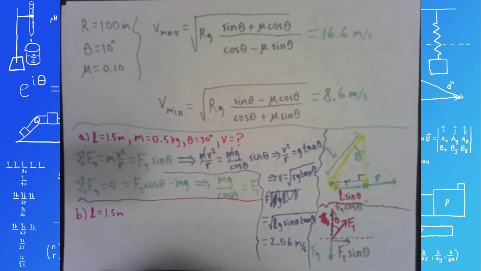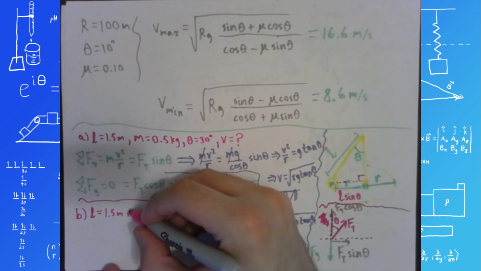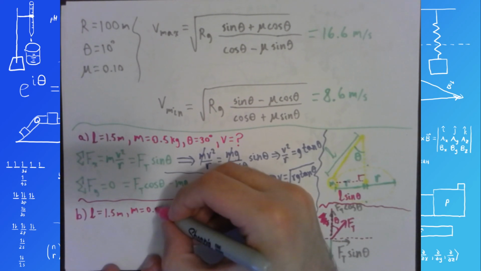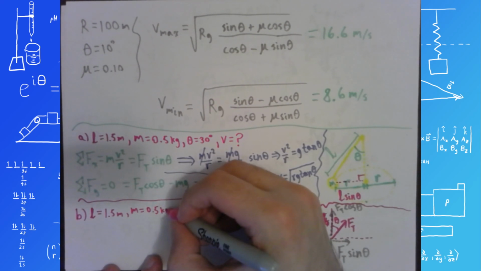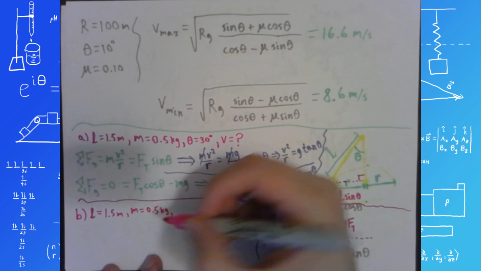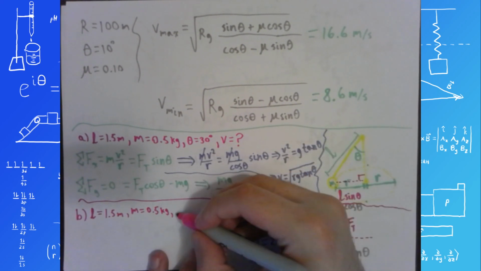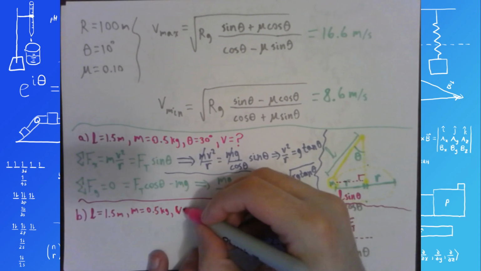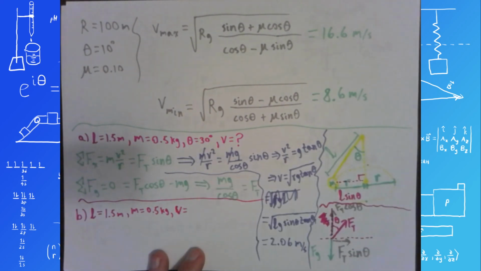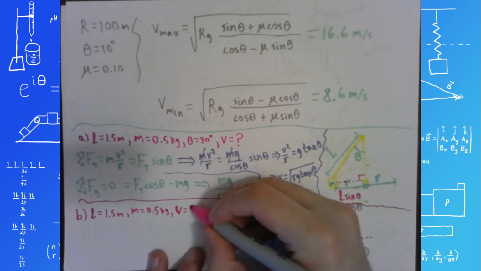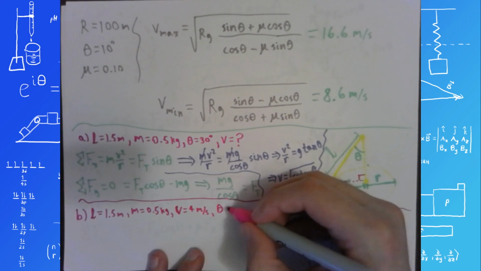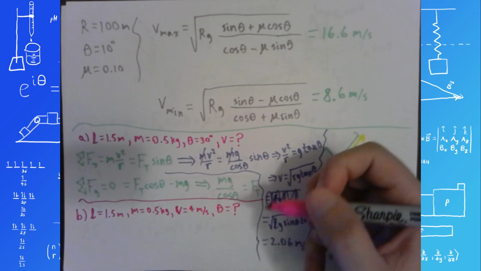They didn't mention the mass changing, although we've proven that the mass doesn't matter, but the mass is still 0.5 kilograms. Theta is unknown, but v was given as 4 meters per second.